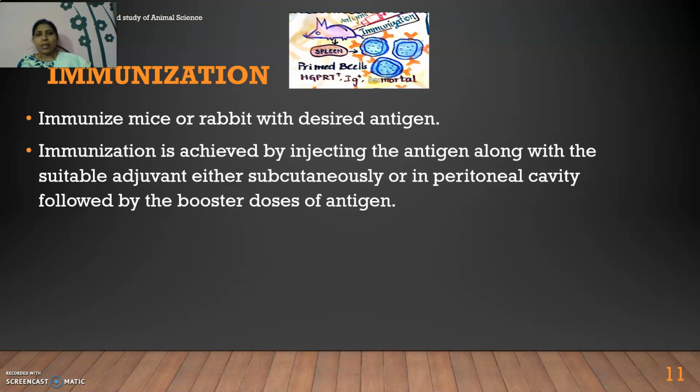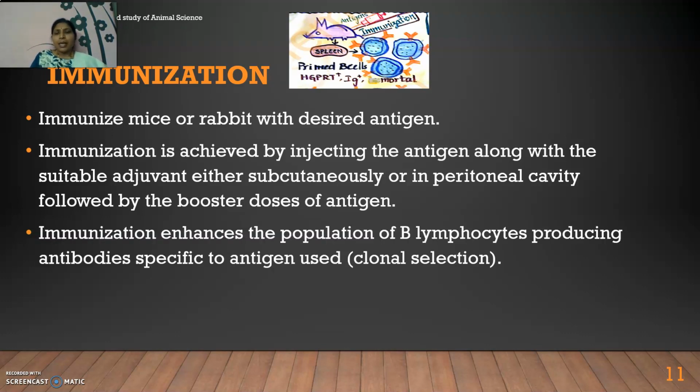The immunization is achieved by injecting the antigen along with a suitable adjuvant either subcutaneously or in the peritoneal cavity, followed by booster doses of the antigen. And the immunization enhances the population of B lymphocytes producing antibodies specific to the antigen which we have used.